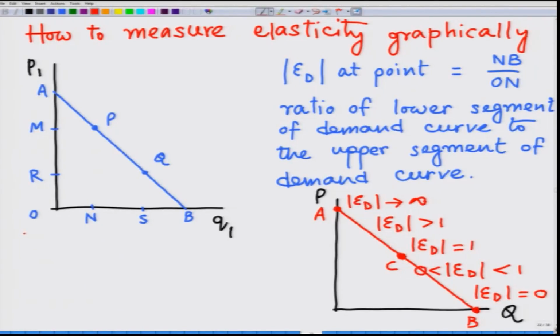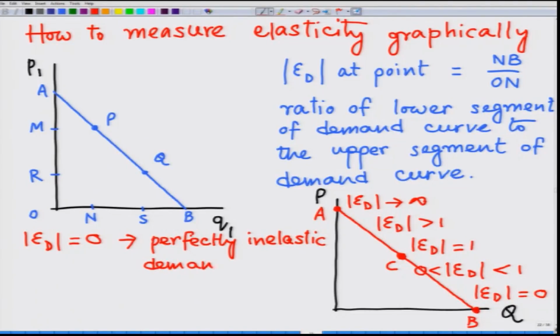As elasticity takes value 0, we call it perfectly inelastic demand. That means if there is a small change in price, absolutely no change in quantity demanded is seen.